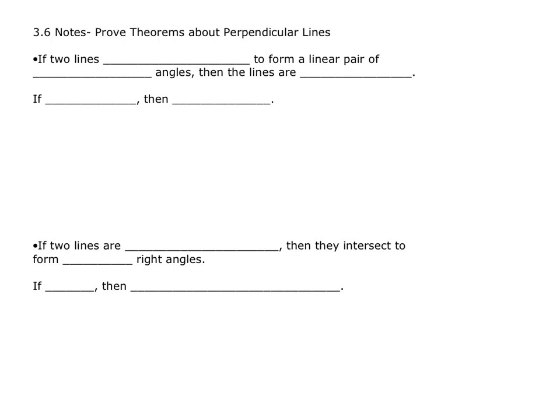All right, section 3.6, and we're going to prove theorems about perpendicular lines. The first thing that we're going to talk about is that if two lines intersect to form a linear pair of congruent angles, then the lines are perpendicular.